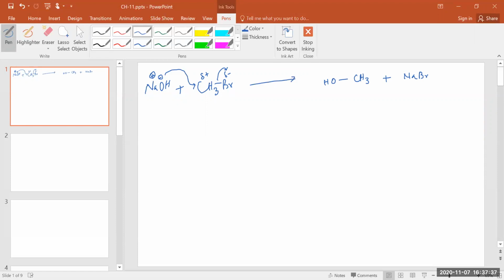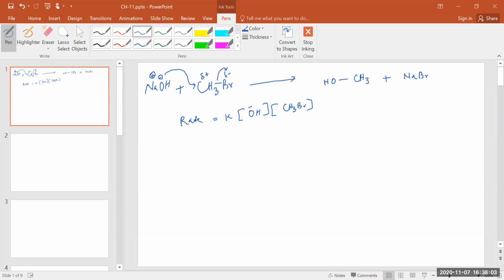So in this reaction, the rate of the reaction depends on the concentration of both the reactants, the base and methyl bromide, the substrate.